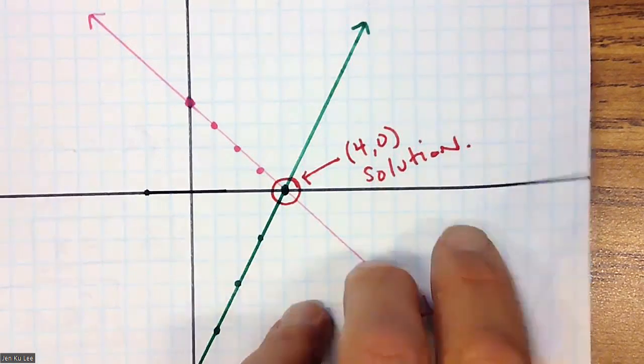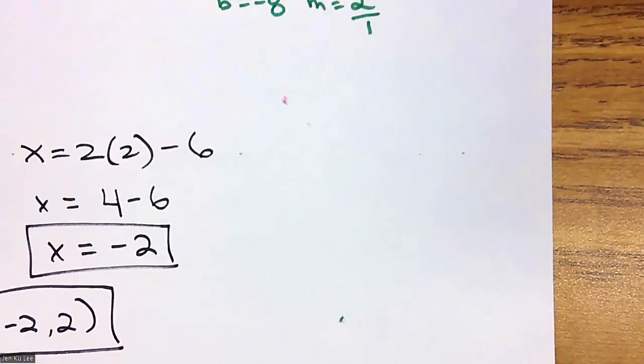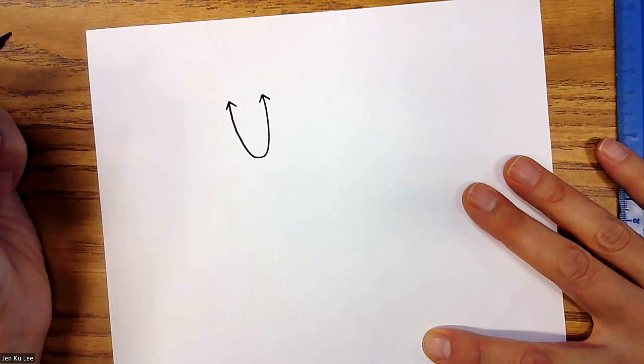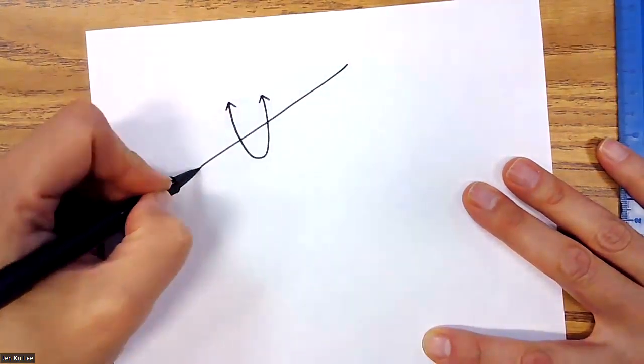Okay, so essentially here, when we are solving a quadratic system with a linear line, let's think about it. A parabola with a line, right? Parabola and a line.